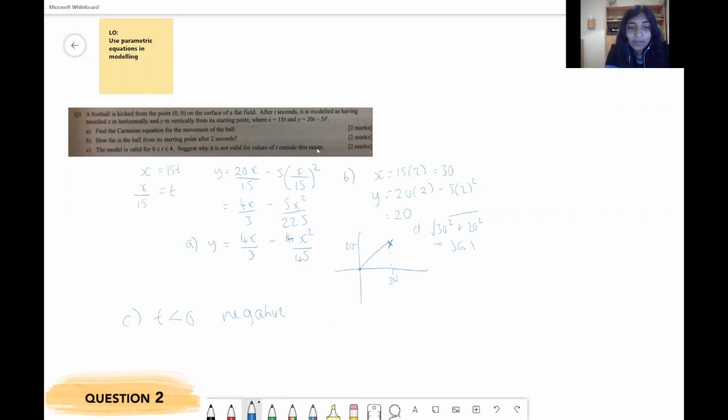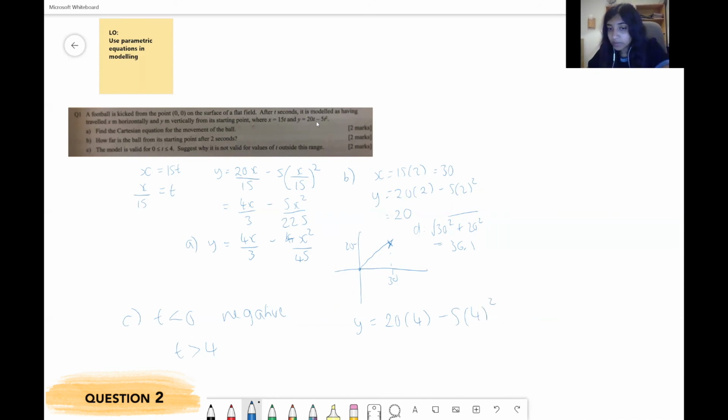And then if we have t greater than 4, let's see what the values of x and y would be. What happens when t is 4? For x it would just be 60, but for y, if t is 4, it would be 20 times 4 minus 5 times 4 squared.